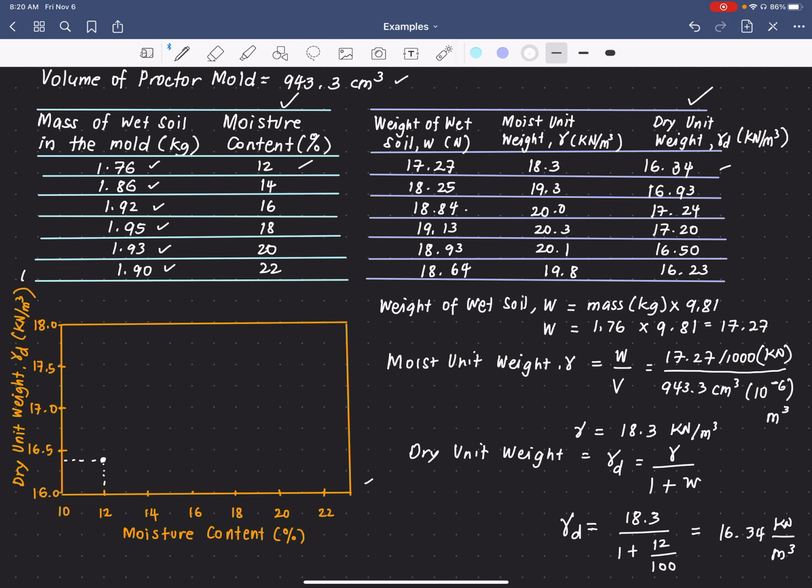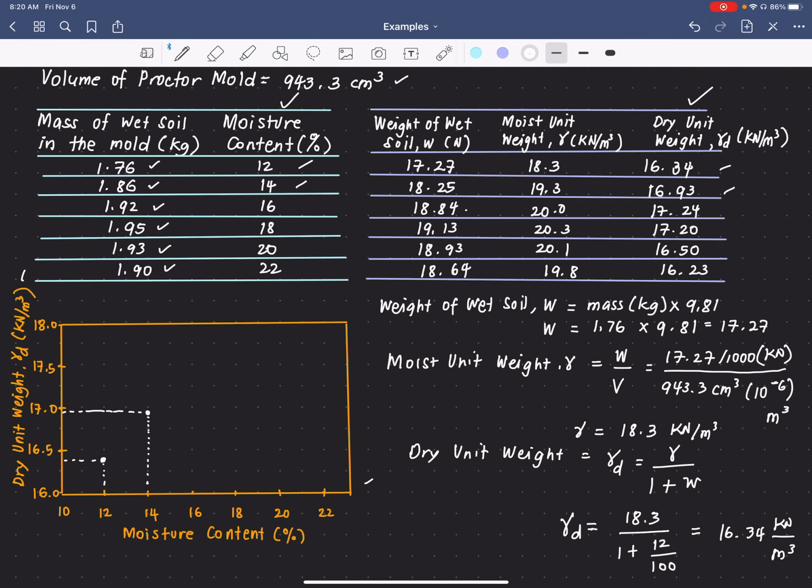Then the next moisture content is 14 and we have a dry unit weight of 16.93. So this is 14 and 16.9 is here, which is very close to, still close. Let's make it closer.